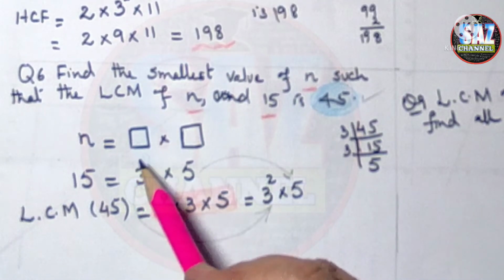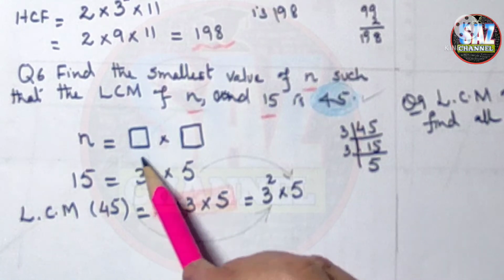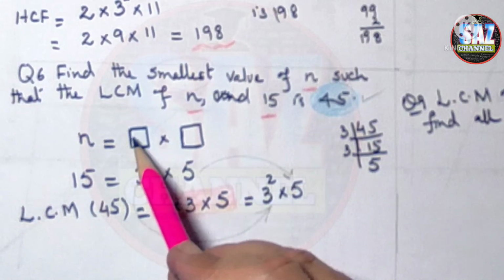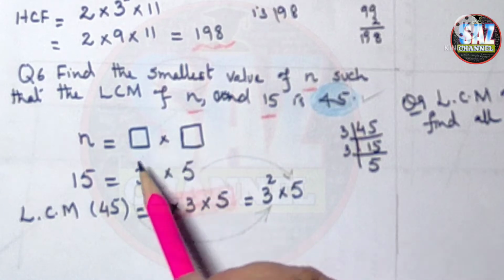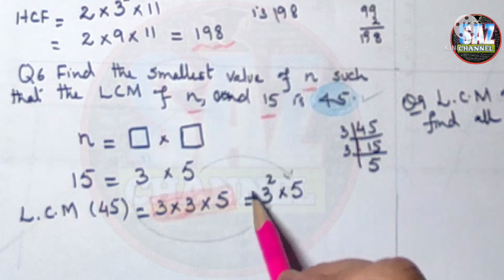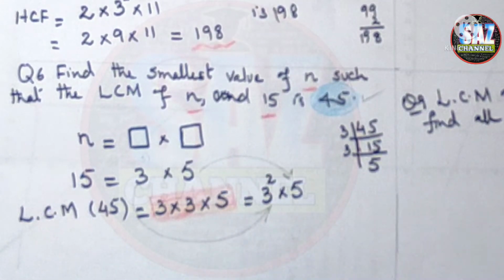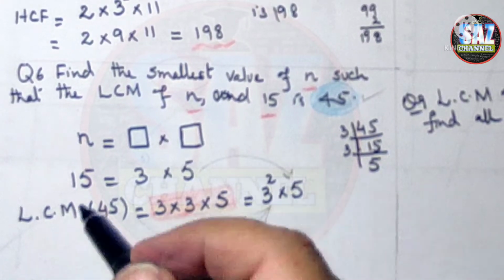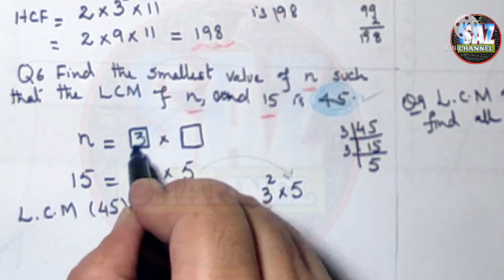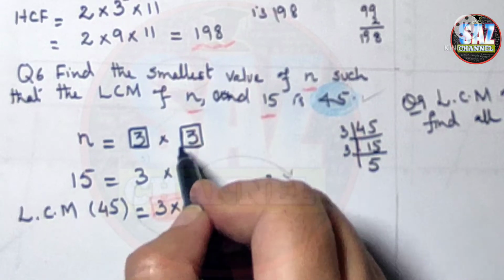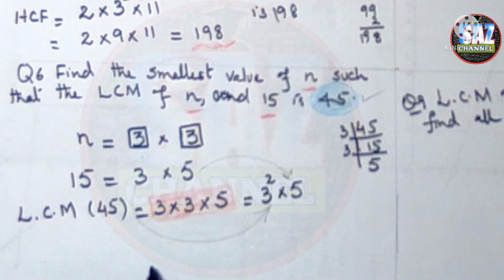Here 15 has 3 with index 1, so in the question there must be 3 squared, or 3 multiplied by 3, or 9, which is coming in the LCM. So the value of n will be 3 multiplied by 3, or n will be 3 square.